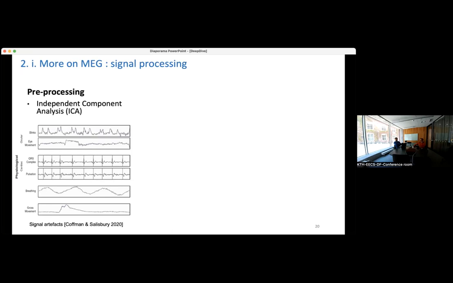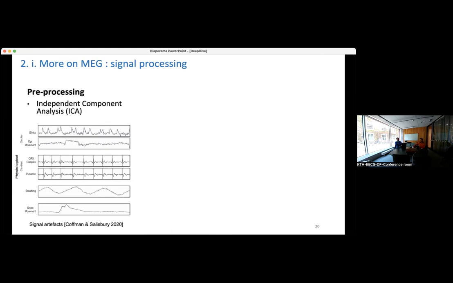So when you have this signal, of course, it's very noisy, as I told you, because there are many patterns present in these signals. The easiest ones to remove are the blinks, when you blink, when you have some eye movements.